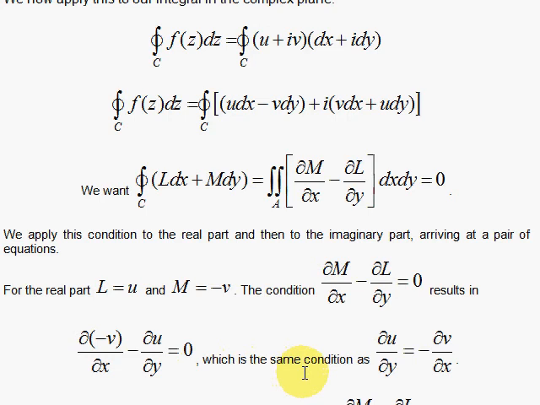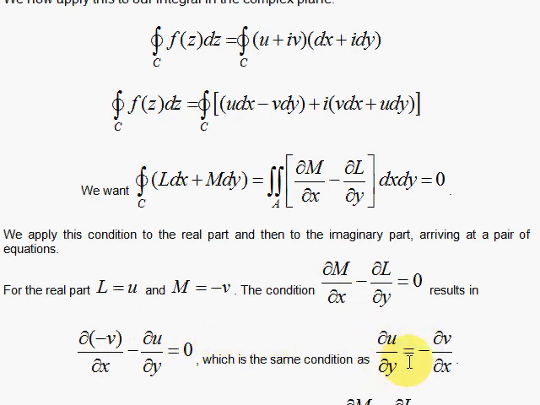But that's the same as if I add this to the other side, and I get the partial of u with respect to y equal to the partial of v with respect to x with the negative sign pulled out. No multiplication by any negative thing here. Just simply add that to the other side, and you're finished.